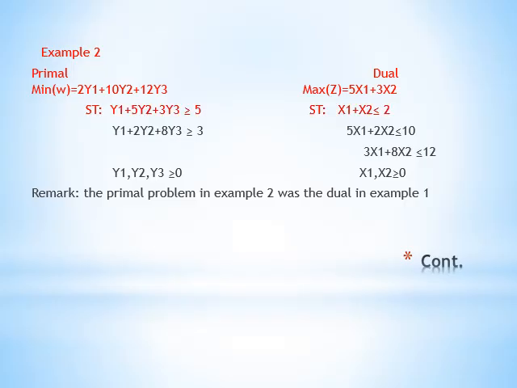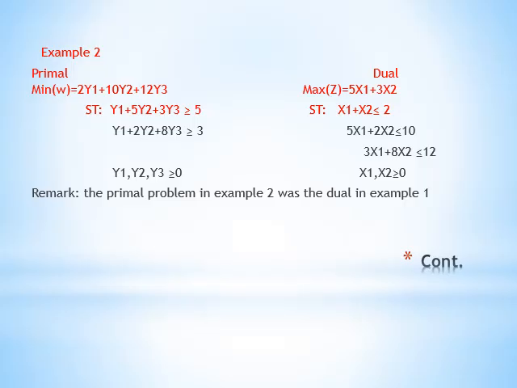The variables of the dual should equal the constraints of the primal. The primal gives 2 constraints, then the dual will consist of 2 variables. It will be x1 and x2.